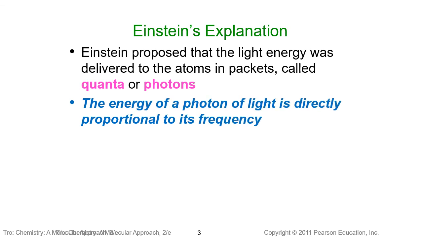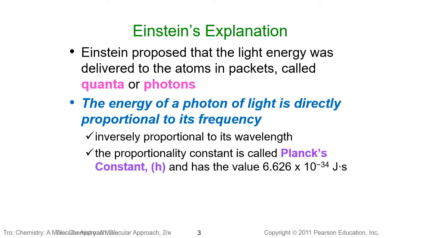So you may have already heard of photons. And so the energy of a photon is directly proportional to its frequency. So that light for the photoelectric effect had to have the correct frequency to have enough energy to get the electron to jump off the surface. This is inversely proportional to the wavelength.